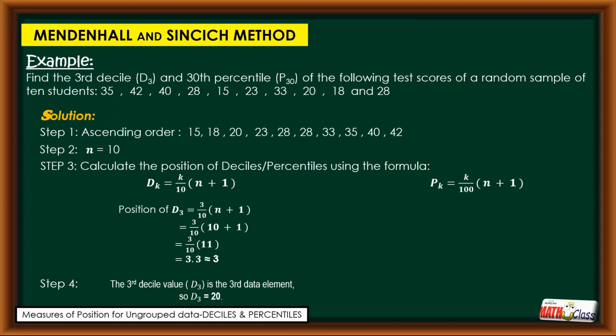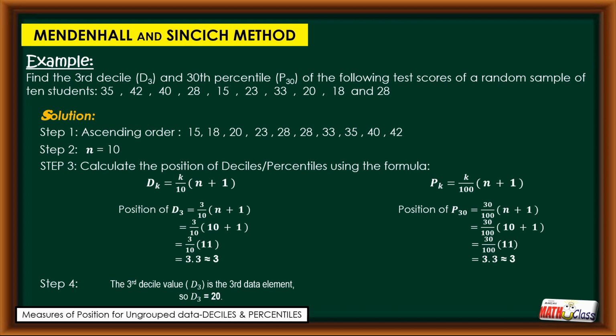Similarly, position of P30 is equal to 30 over 100 times the quantity of n plus 1. This is after substituting 30 to the variable k in the formula. Next is to substitute the value of n, which is 10. So we will have the position of P30 is equal to 30 over 100 times the quantity of 10 plus 1. 10 plus 1 is equal to 11 times 30 divided by 100.